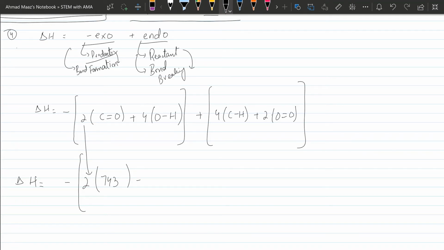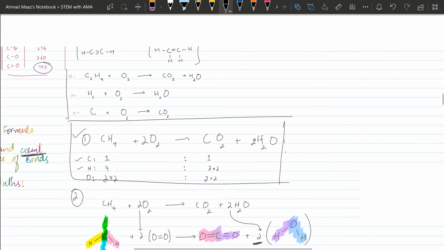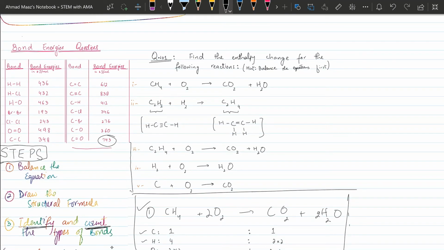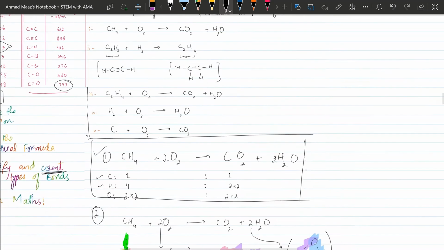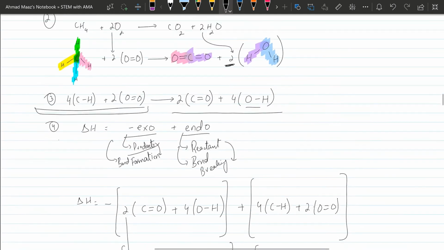And then we have 4 times the bond energy of O-H bonds. And we'll see it from the table again. O-H or H-O, it's 463. So 4 times 463. And then we have our endothermic part, and that is 4 times the bond energy of the C-H bond.